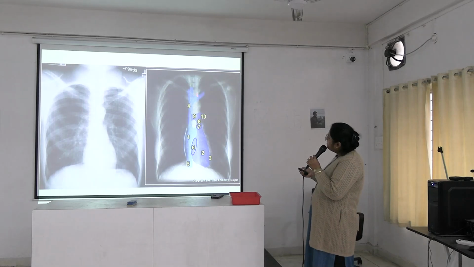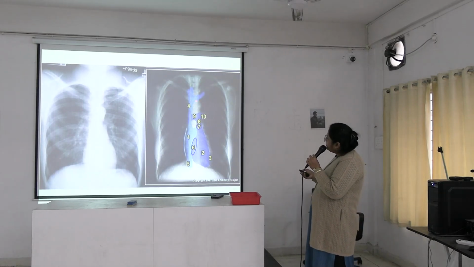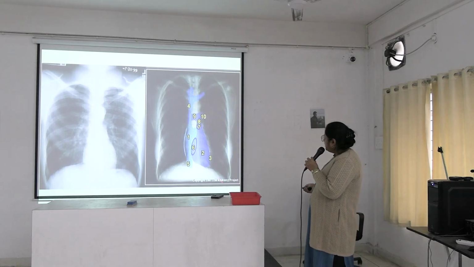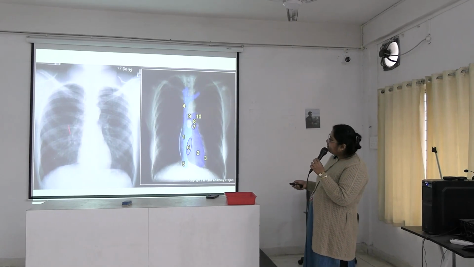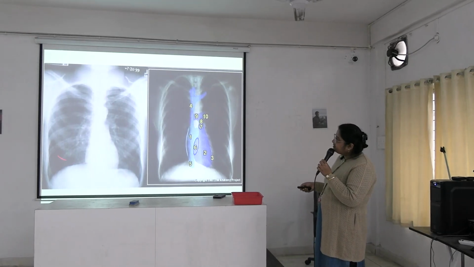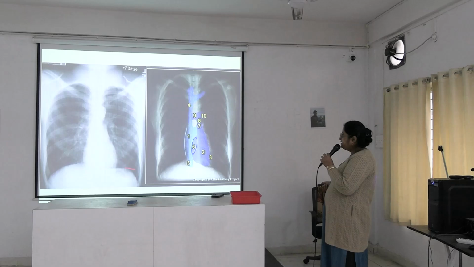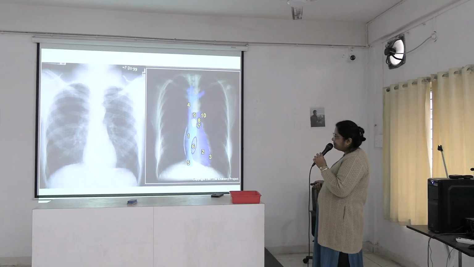On this side, here will be the left subclavian artery, then aortic knuckle, pulmonary trunk, here is the left auricle, and here is the left ventricle. These are the bronchovascular markings near the hilum of the lung. Compare the two domes of the diaphragm. The right dome is slightly higher than the left dome, and below the left dome here is the fundic gas shadow.